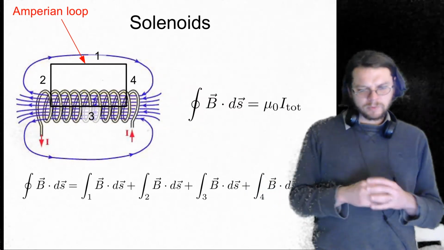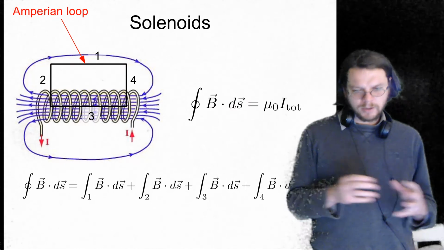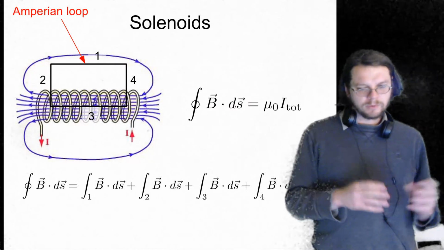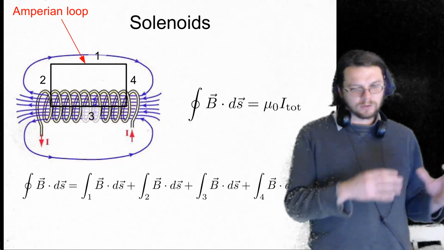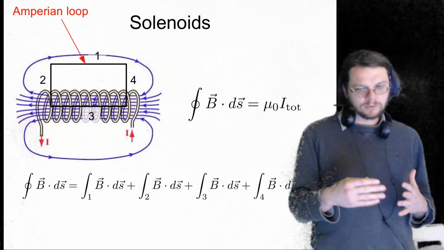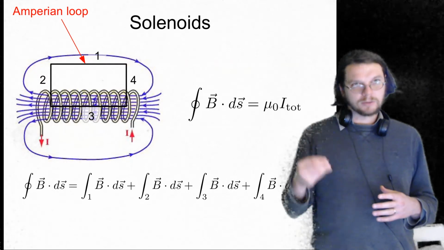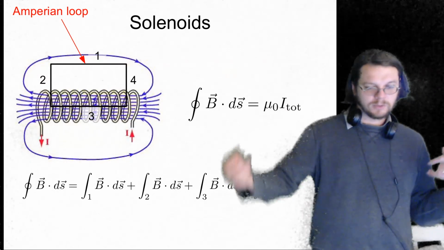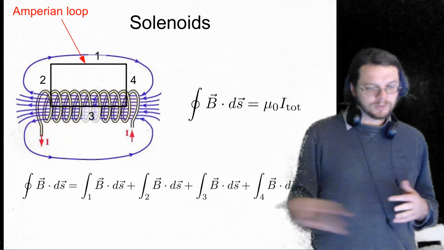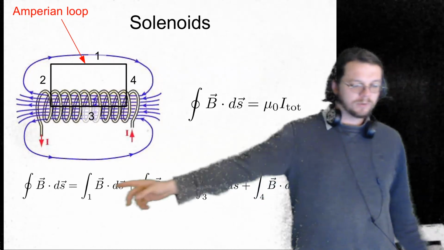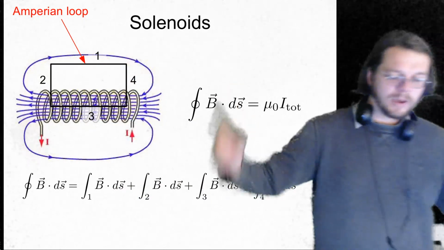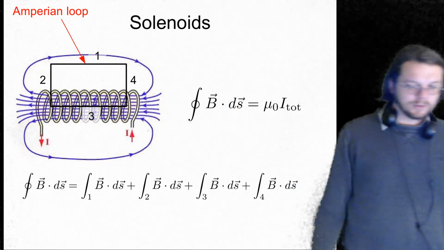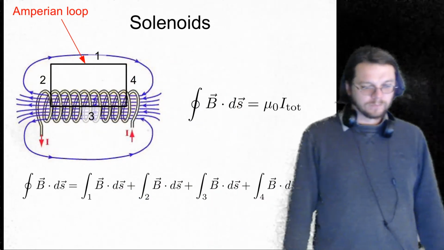Maybe you remember that if you're integrating over x from x1 to x3, you can break that up into the integral from x1 to x2 plus the integral from x2 to x3, and that's equivalent. The same idea applies here: if you're doing this path integral, you can take each leg of the path and integrate this integral there.